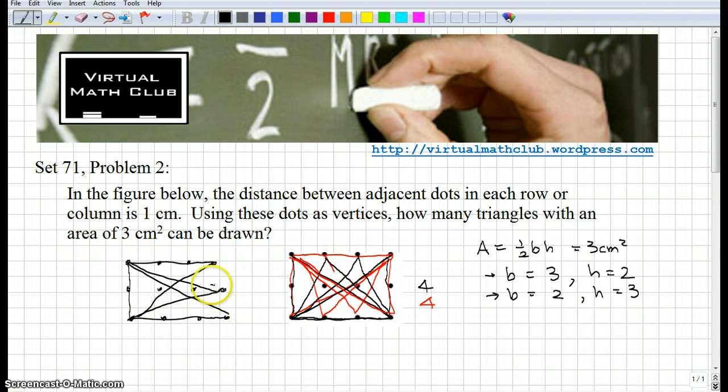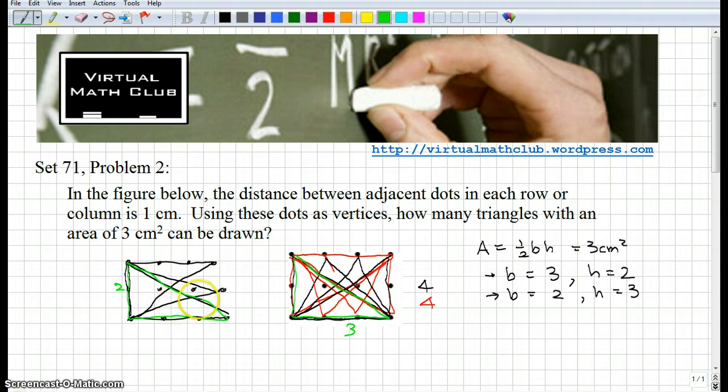We have to be careful because, for example, this triangle we drew here, let me highlight it, let's say green. So this triangle here is the same as this triangle here, right? It's just that we're calling the base 2 in this case, and here we called the base 3.